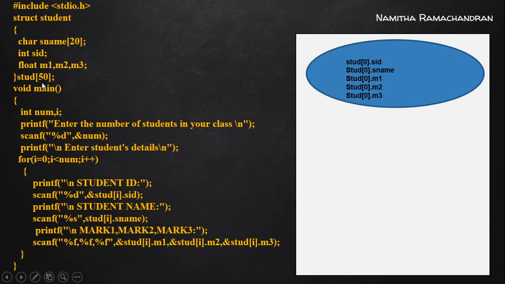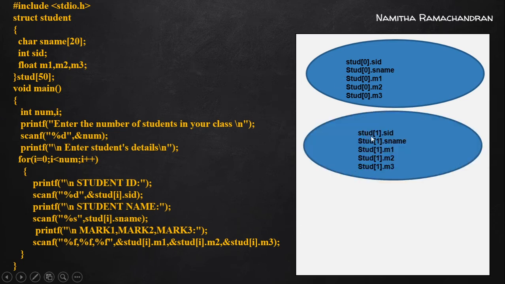Similarly for the second student, that is stud of 1, we need the same set of memory allocation separately for representing the identity of our second student, the name of the second student, and marks of three different subjects.